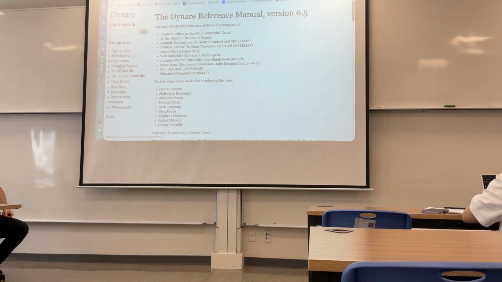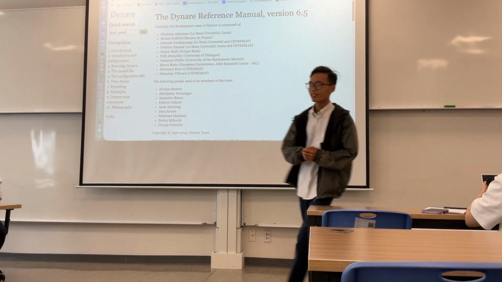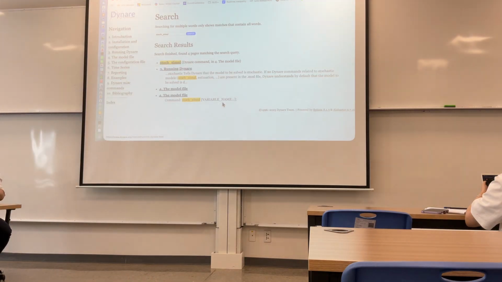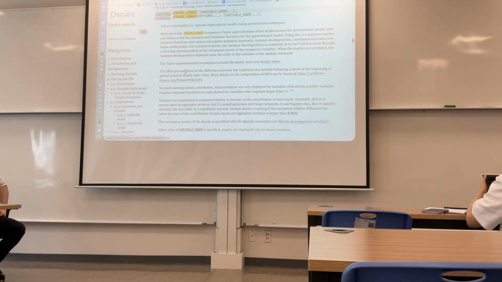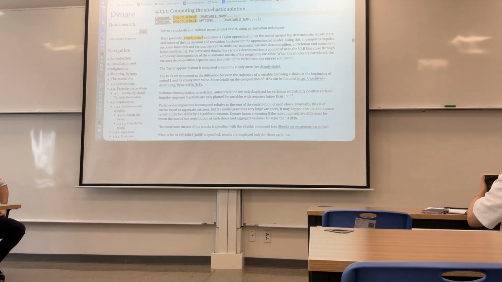You can go through this one by one, or you just type into the search button stoch_simul, and then you hit enter. Dynare gives you all the hits associated with your search, and you just take the first stoch_simul there. You click on that link, and it's going to take you to the syntax that you can use for stoch_simul.